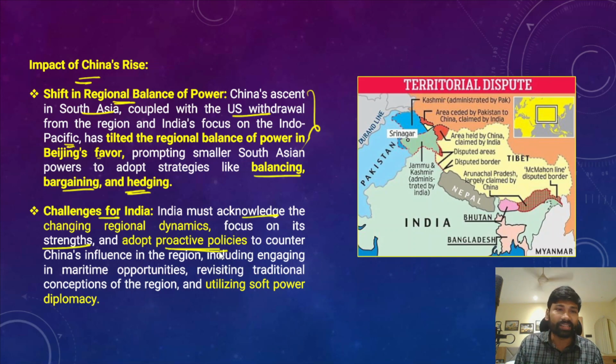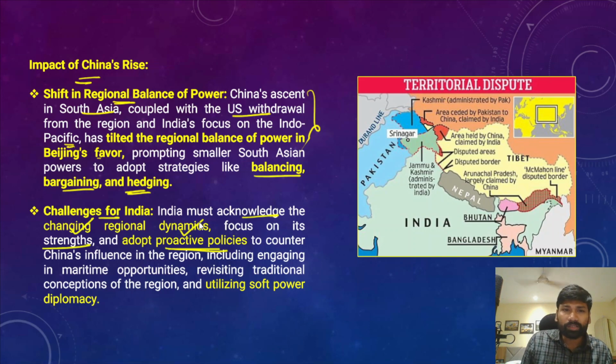The need is to first strengthen our capabilities and adopt proactive policies to counter Chinese influence, because increasing Chinese influence in the region could potentially threaten India's overall influence in South Asia in the long term.